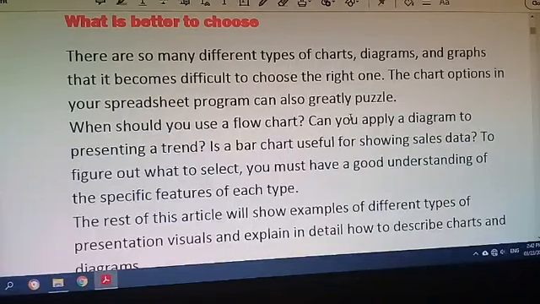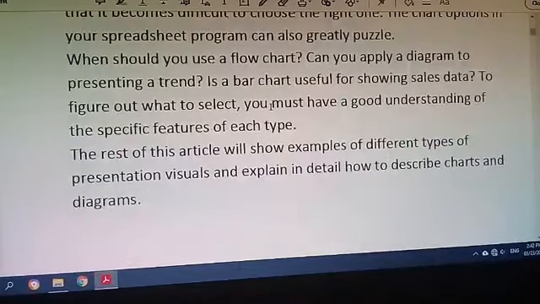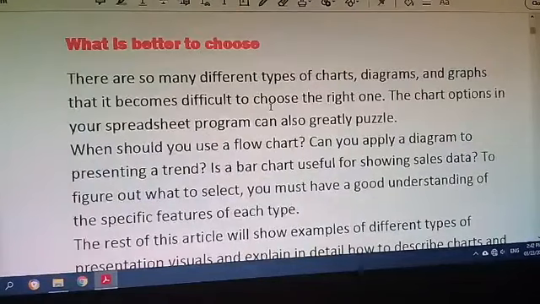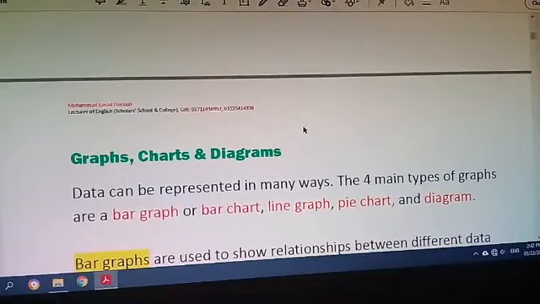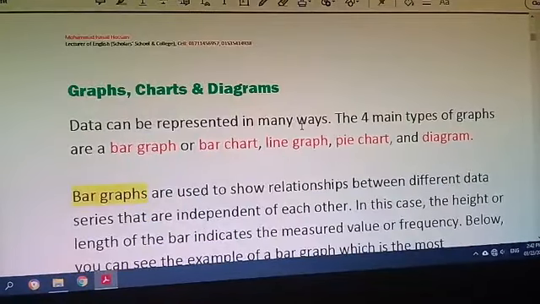But if you have good conception about writing chart, about graph, I think it will be easy to describe or to explain or to write something on the graph. So let's go graphs, charts and diagrams.